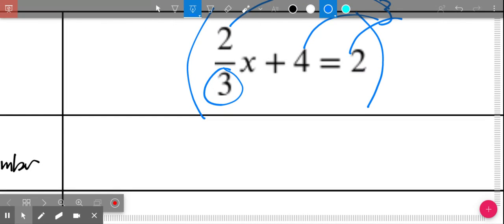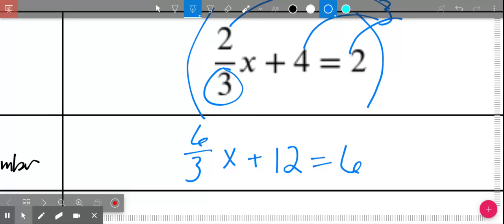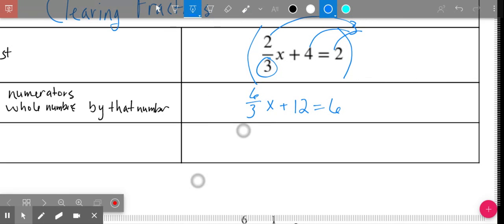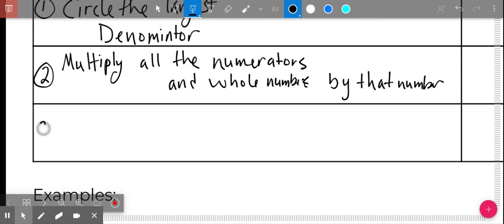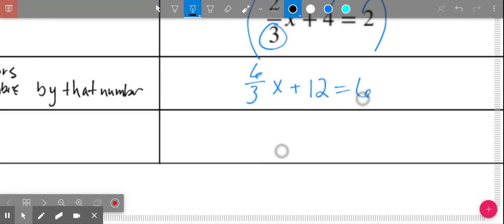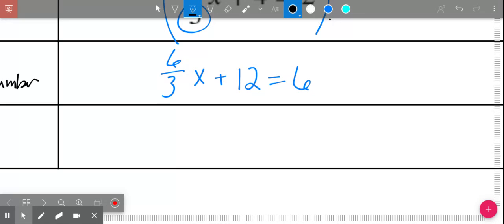Okay, so we're going to have 2 times 3 gives me 6 over 3x, plus 4 times 3 gives me 12, equals 2 times 3, which is 6. And then step number 3, third step, is reduce if necessary. So we got to reduce anything. Okay, well, 6 divided by 3 gives me 2x.